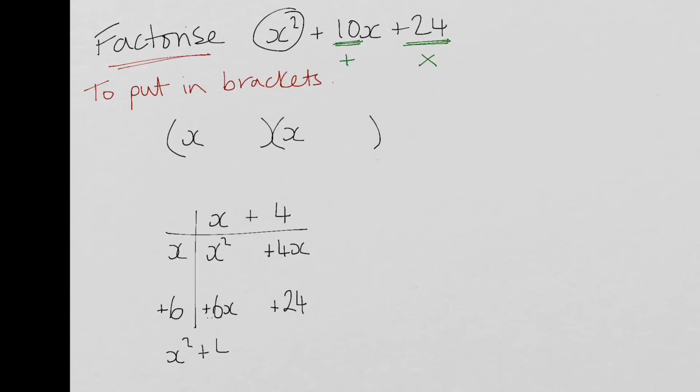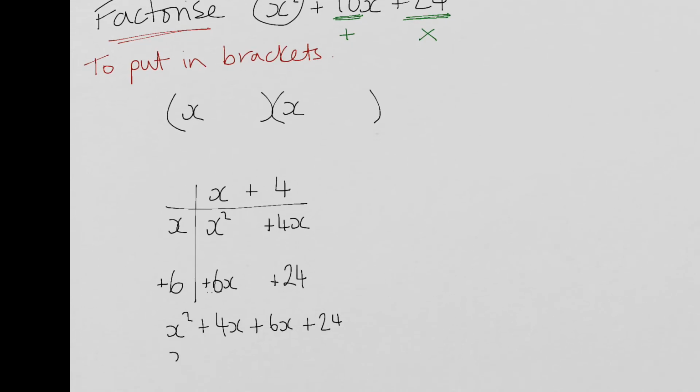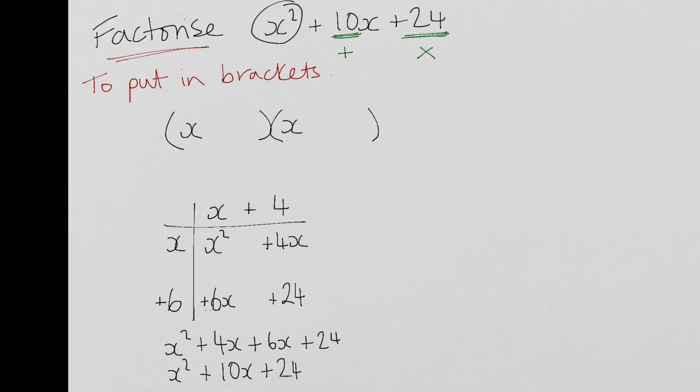Writing those out would give me x squared plus 10x plus 24. Is that the same as what we've got at the top here? Yes, it is. So that means that in the brackets, I should have a positive 4 and a positive 6. Don't worry if that seems quite confusing, I'm going to do another example.